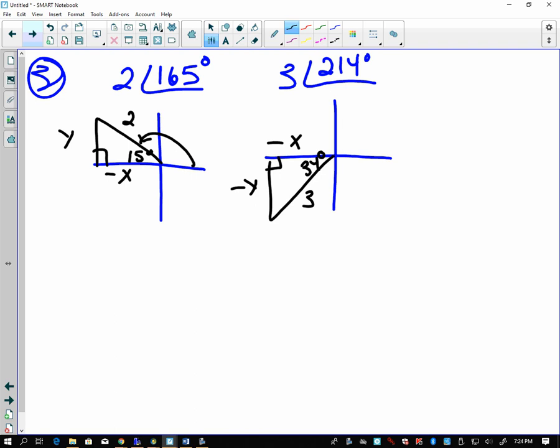Okay, we need our cosine for our x value. In fact, I'm going to do my sine value first. So I'm going to do 15 sine, hold on a second, that's wrong, 2 sine 15.